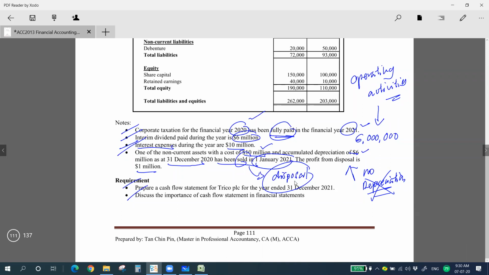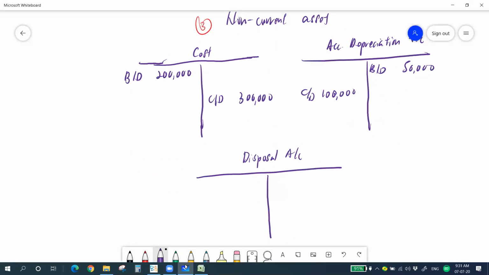The cost is 10 million, right? So we have to write the cost on the disposal account on the debit side. We write cost. So this is 10 million. And we will write the disposal here, 10 million.